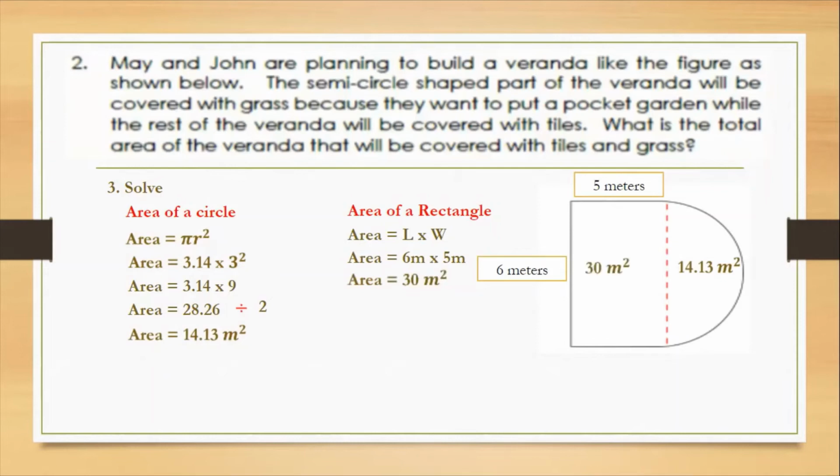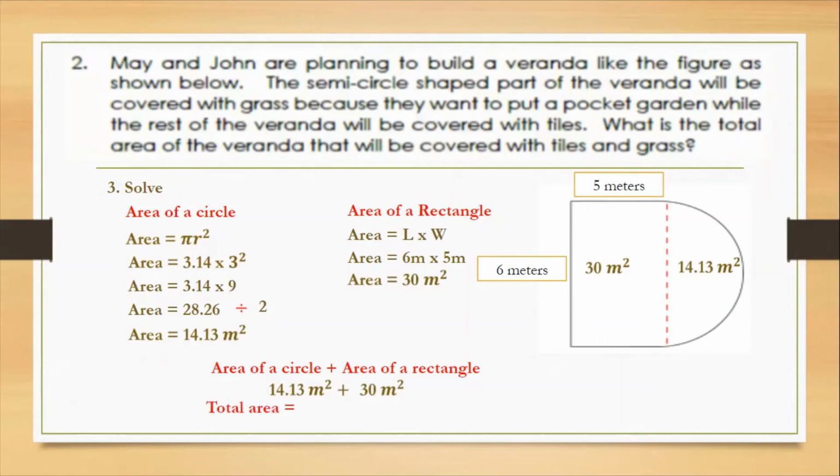The last thing that we will do here is add the 30 meters squared and the 14.13 meters squared to find out the total area of the veranda. So we have area of our circle plus area of the rectangle. We have 14.13 meters squared plus 30 meters squared.